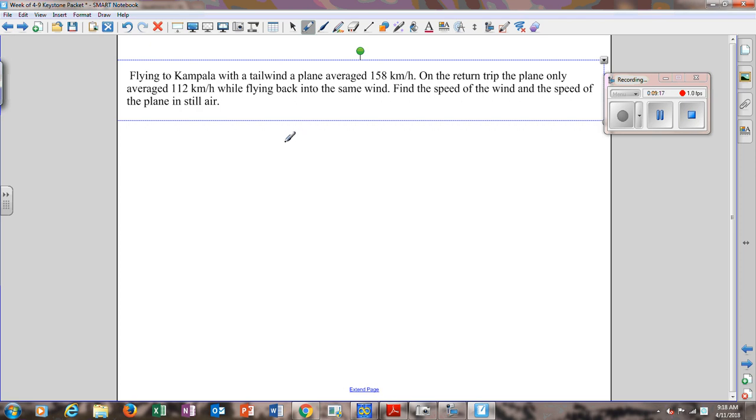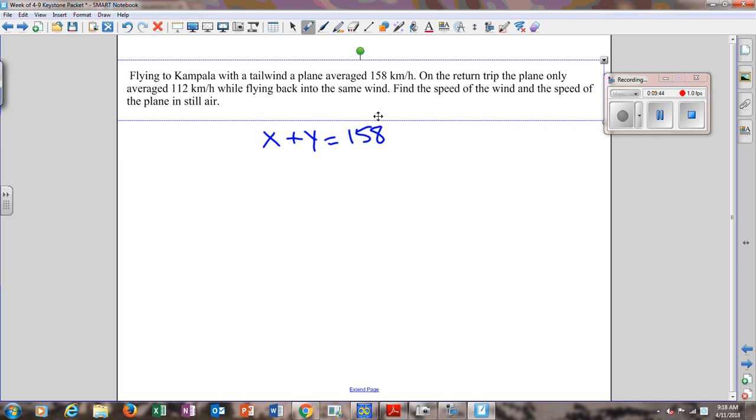And so we would have the speed of the plane, which we'll call x, and the speed of the wind, which would be y. And those combined would give you 158.